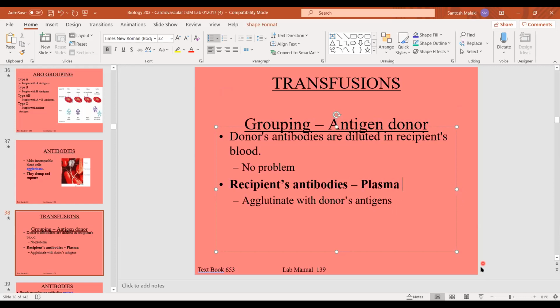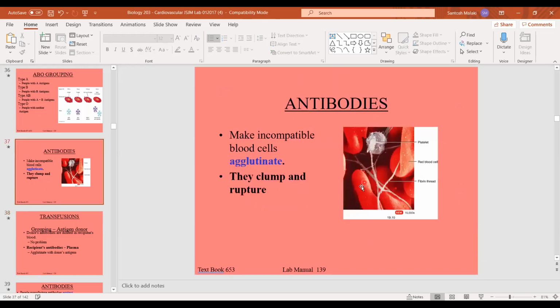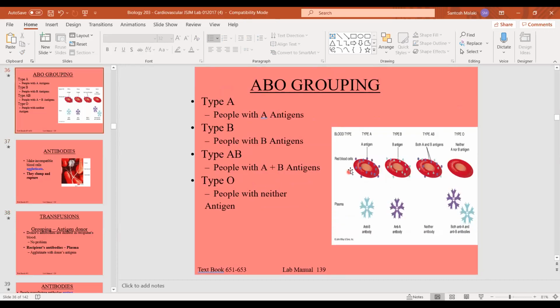Why? Because I know if I give a person who is A, B blood, watch this here, if B comes into the A blood, the antibodies in the plasma of the person with A will attack and destroy this. Total destruction, defeats and negates the entire purpose of blood transfusion.